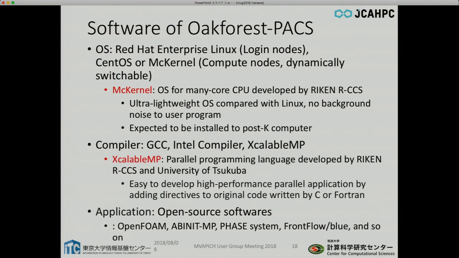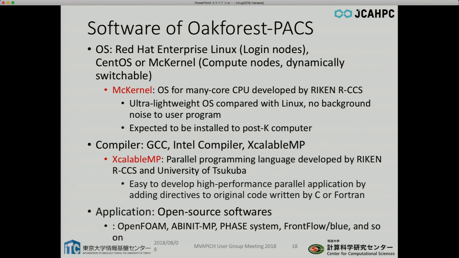Now the software of Oakforest-PACS. The compute node uses CentOS, and we also introduced McKernel for the many-core system, a very ultra lightweight operating system. This OS will be installed on the post-K computer, developed by Riken RCCS.